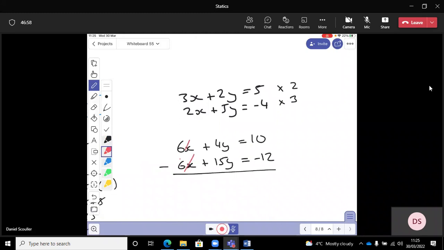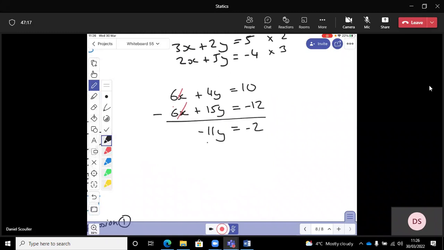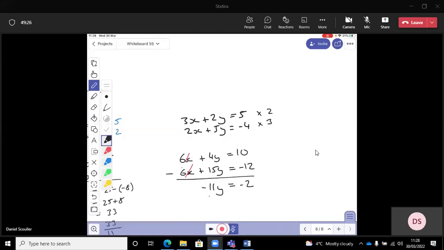6x eliminate. We'll end up with 4 minus 15 is negative 11y. Okay, 10 minus 12 is negative 2. Overdone, okay, that's a complete lie.